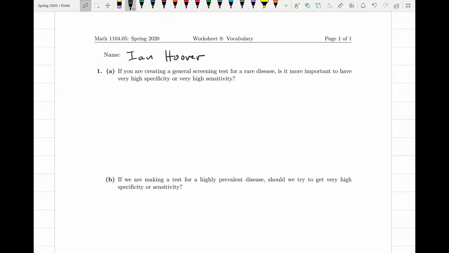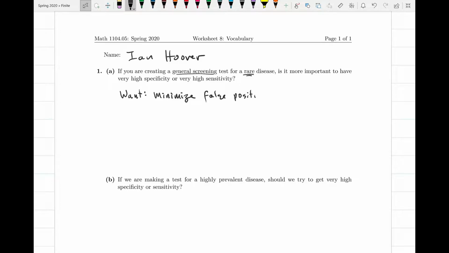If you have a rare disease, the danger of conducting a general screening is that you have way more false positives than true positives, simply because the true positive population is so small. So what we want to do is to minimize false positives.